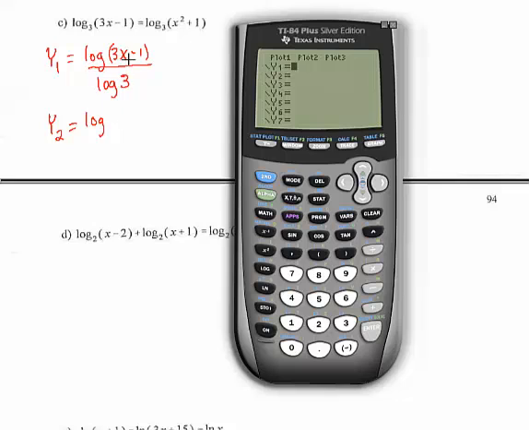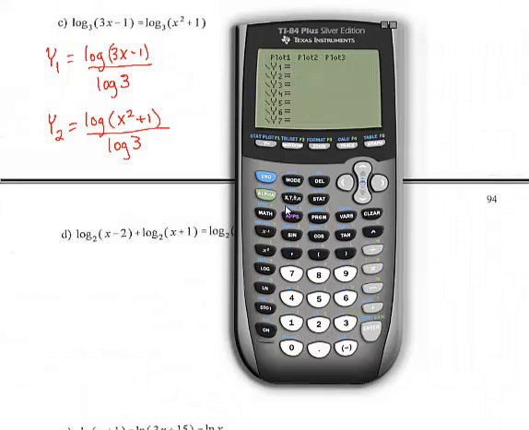I'm simply applying the change of base to each side because you may not have a log base function in your calculator, or you may not know how to use it. So if we change to a common log, we could write log of x squared plus 1 on the top, and then log of 3 on the bottom.